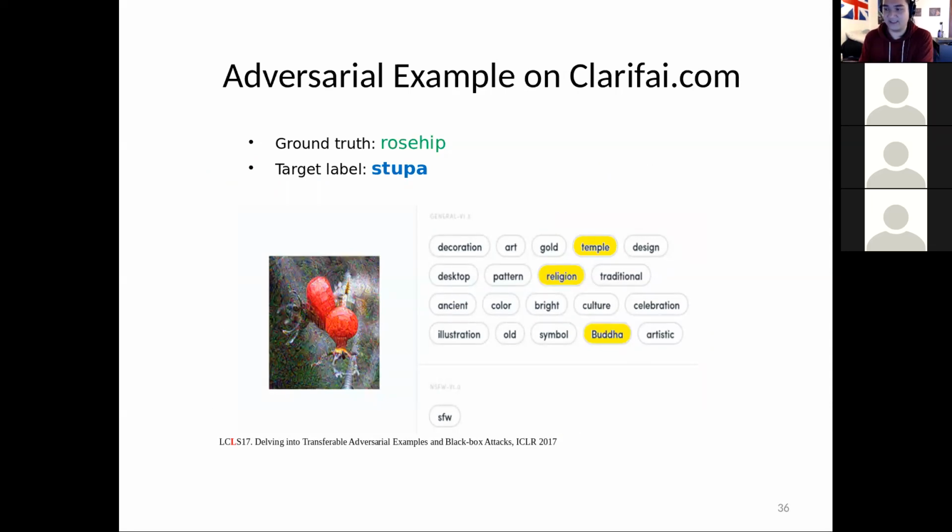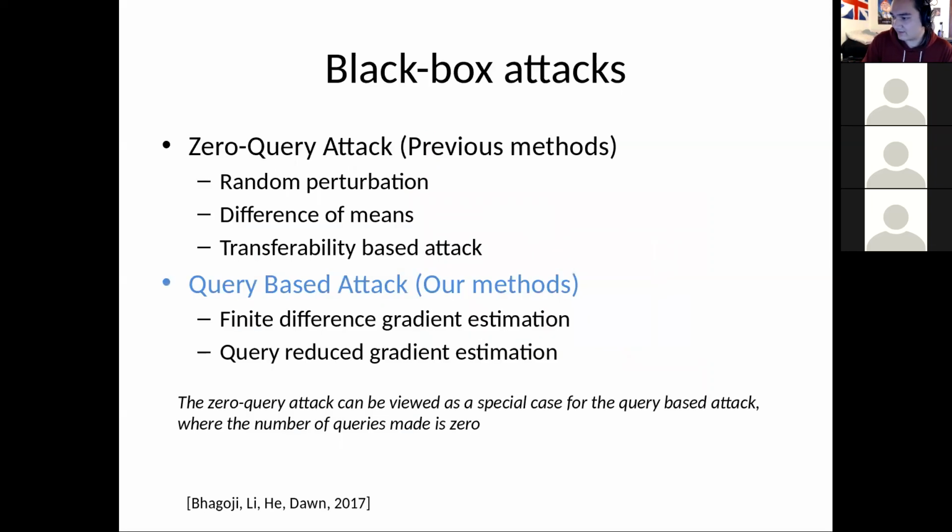Humans can't perceive this noise, or we filter it out, whereas the model sees very distinct shapes. And of course, the more that we perturb the image, the more clear these shapes become. Does anyone have questions on that?